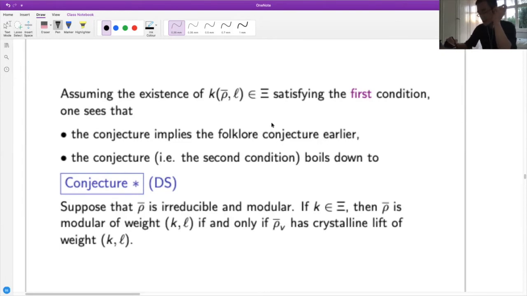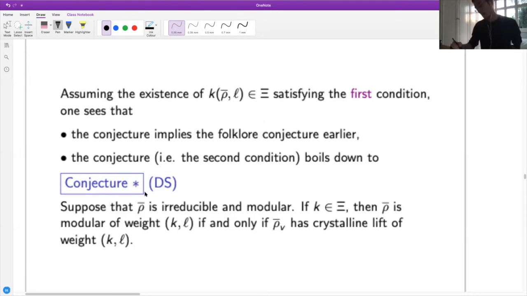And the more interesting fact is that if the first condition is satisfied, then the second condition boils down to checking the following conjecture, Conjecture Star, which says the following. This is the case that I'm giving an example of in a minute.